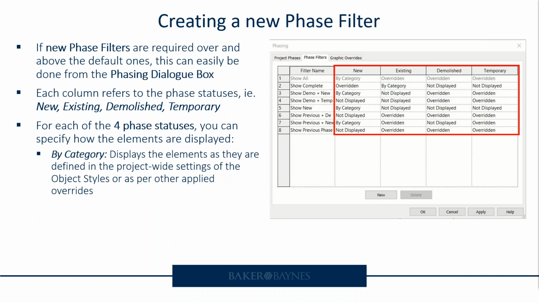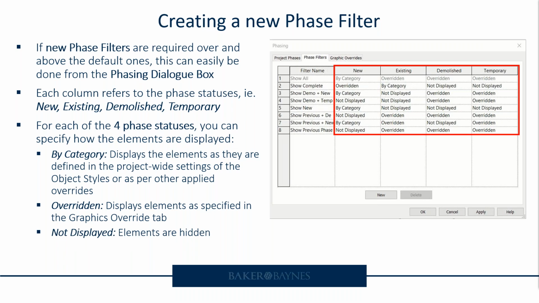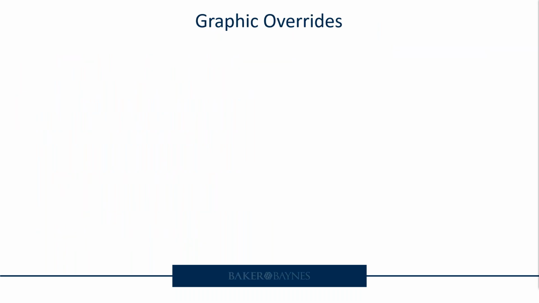So by category means elements will display according to the project-wide settings applied to them in the object styles, or as per any other applied overrides. Then the overridden option will display elements as specified in the graphic overrides tab, which is the next tab. And then obviously not displayed means that elements are hidden.